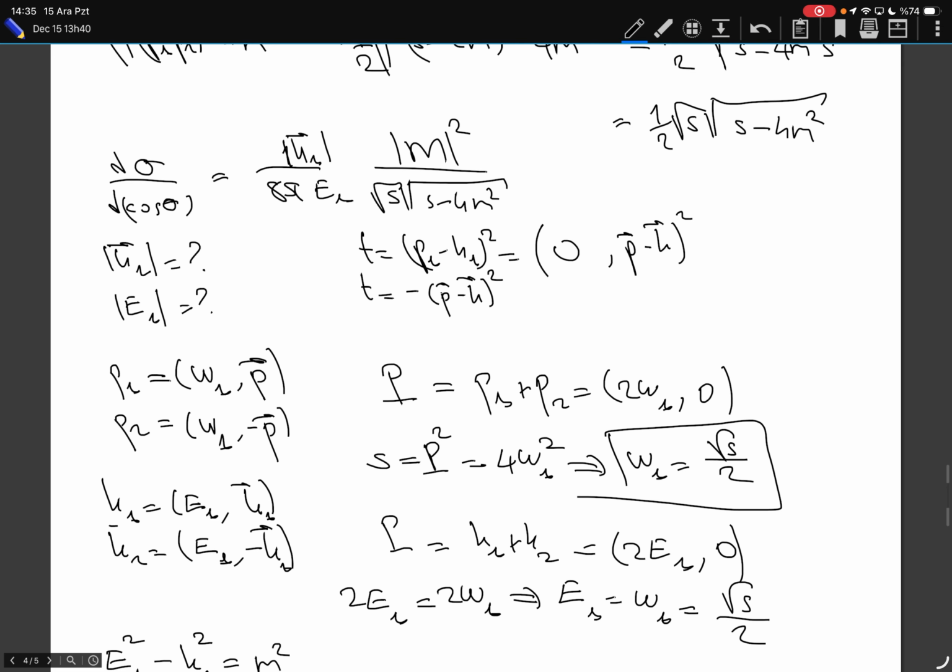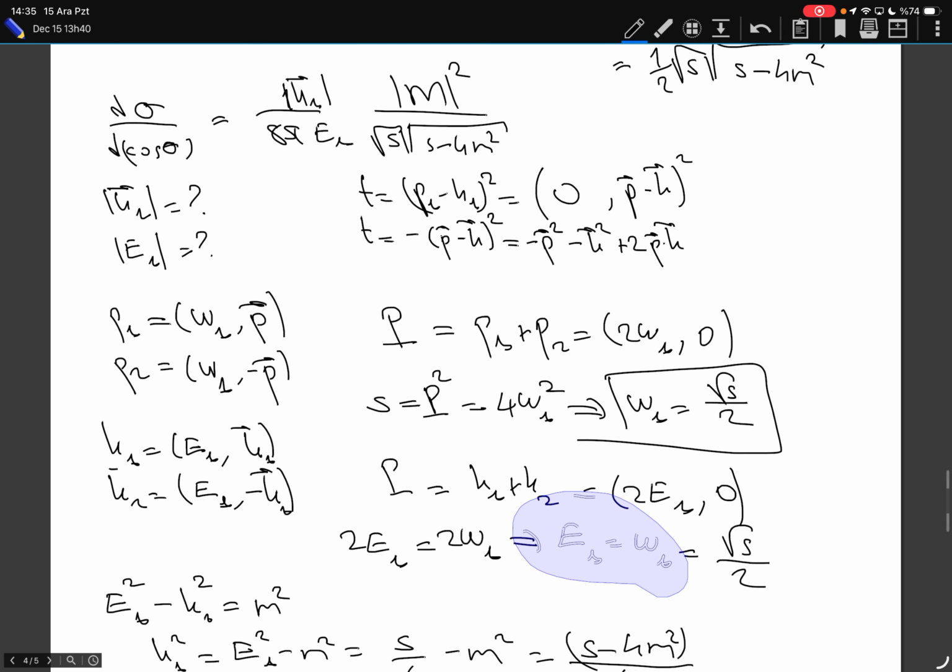Well, you see, one thing you can immediately say is T is negative. Just like S had to be larger than 4m squared, T has to be negative. And this is a general property that from the definition of T, T is always negative in the scattering process. Well, let's see, this will be equal to minus P squared minus K squared plus 2pk.